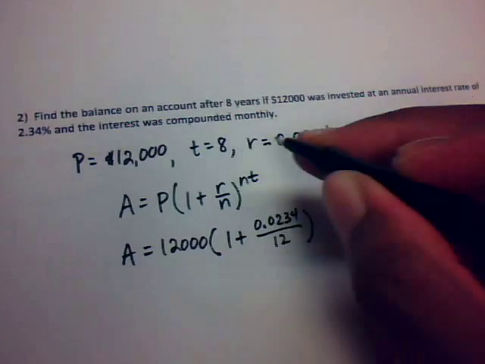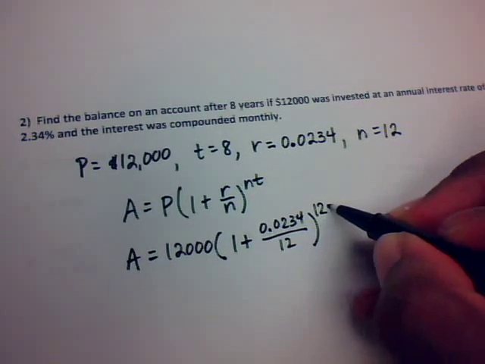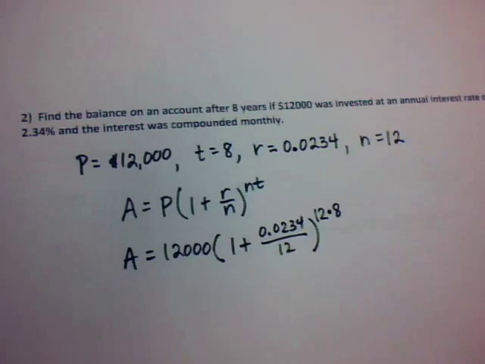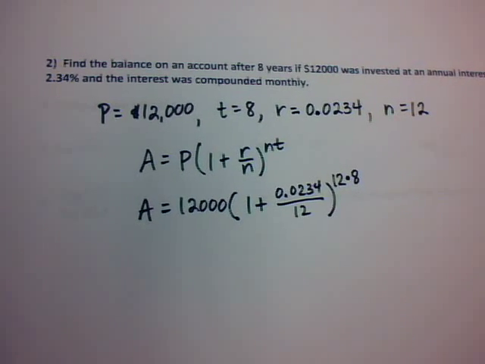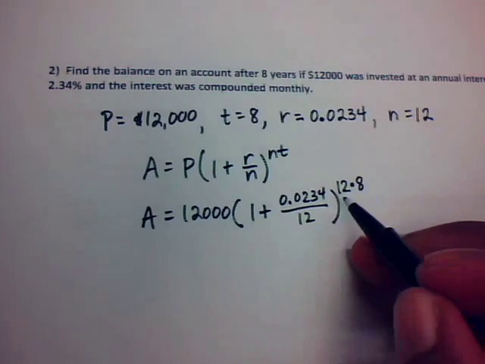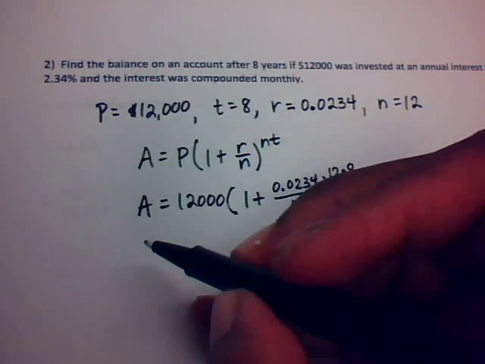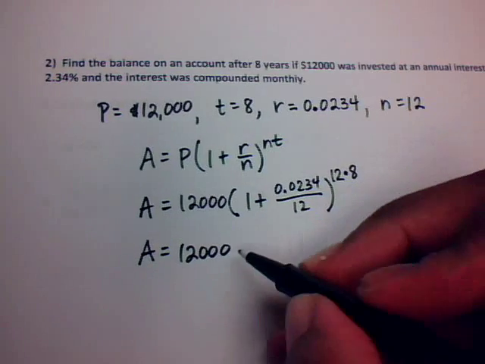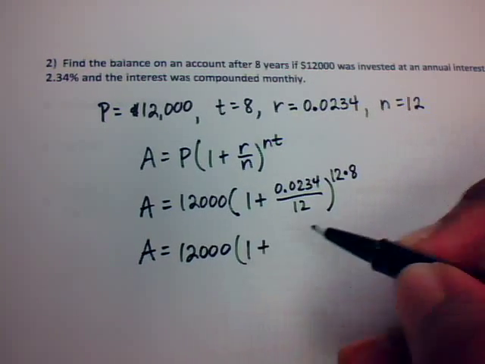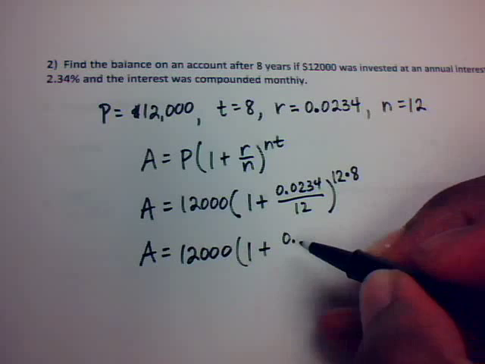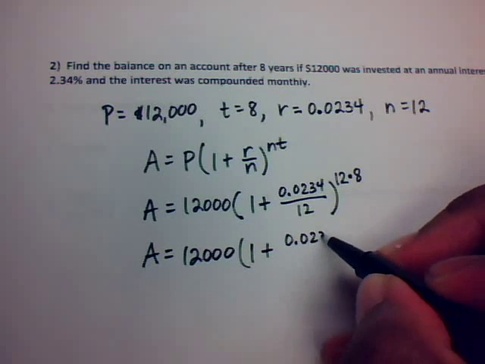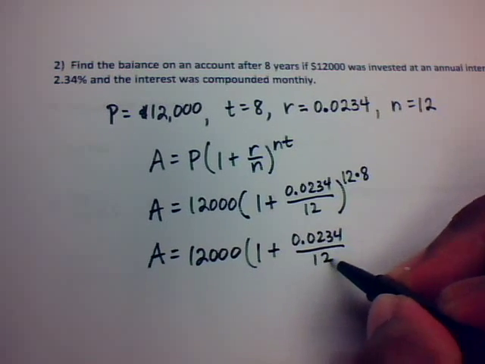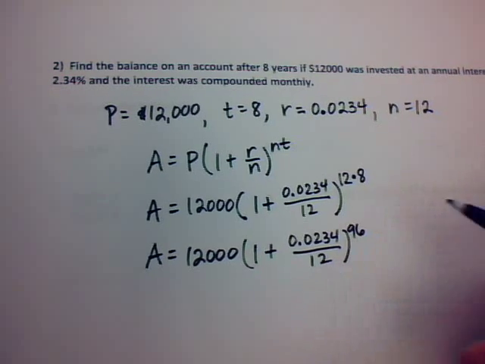Here n is 12 and t is 8, so it'll be 12 times 8. Now, if you want to, you can go ahead and do the 12 times 8, which will give you 96. So I'll rewrite this as A is equal to 12,000 times the quantity 1 plus 0.0234 over 12 raised to the power of 96.